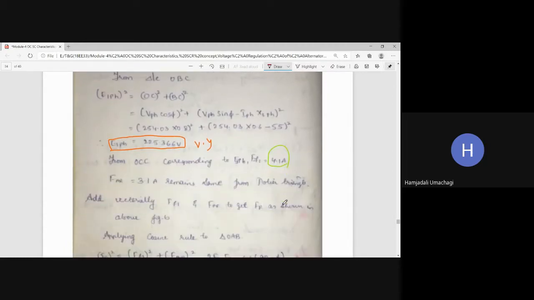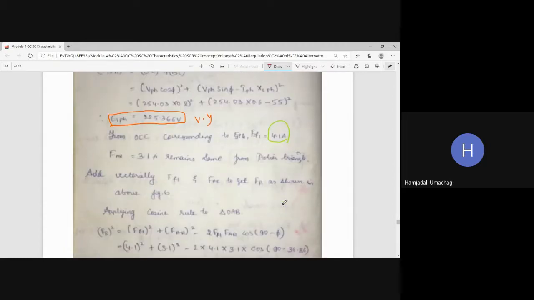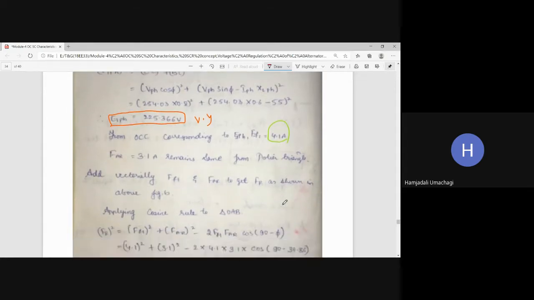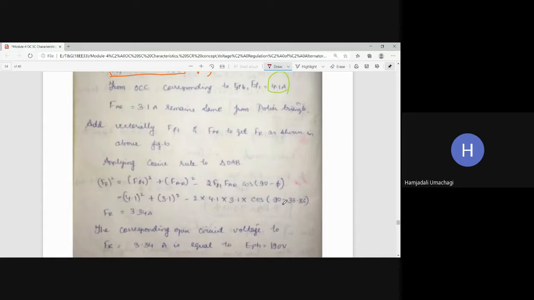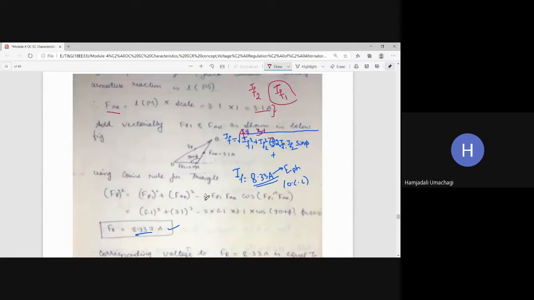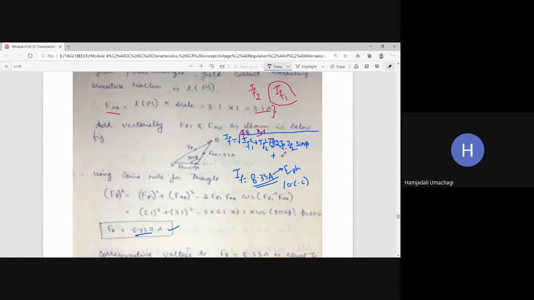So IF, how much are you getting? Substitute all the values in this formula.